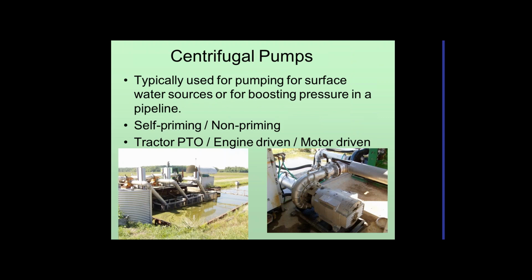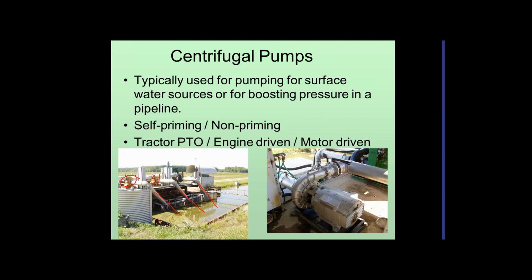The other type of pump typically used on surface water is a centrifugal pump. This is showing a cranberry bog. We've got 3 pumps here. This is the suction out of the surface water, and I believe electric motors over here are driving the unit.